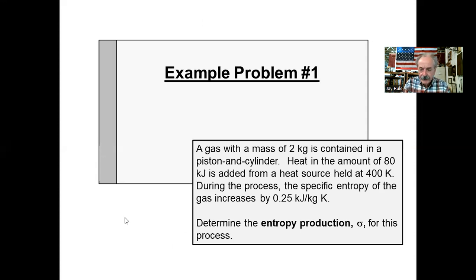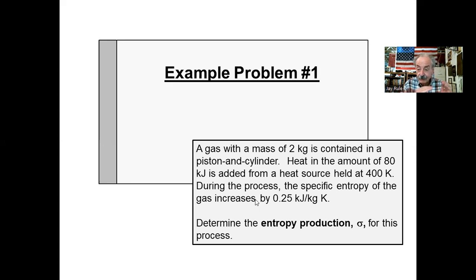Okay, so with all of that crash course information, now let's look at example one that I'm going to show worked out numerically. Here it is. A gas has a mass of 2 kilograms. It's contained in a piston and cylinder. Heat in the amount of 80 kilojoules is added, Q in, from a heat source held at 400 K. During that process, the specific entropy of the gas increases by 0.25 kilojoules per kilogram K. The specific entropy increases.